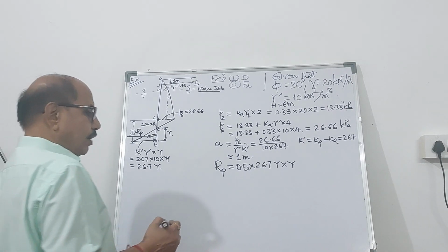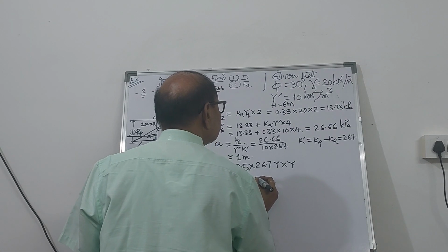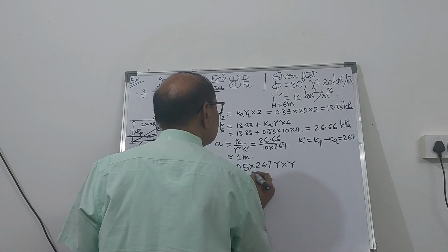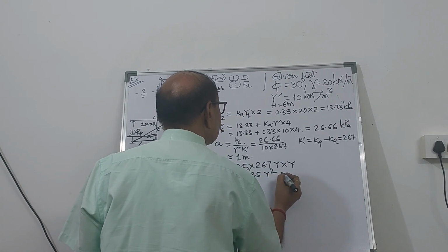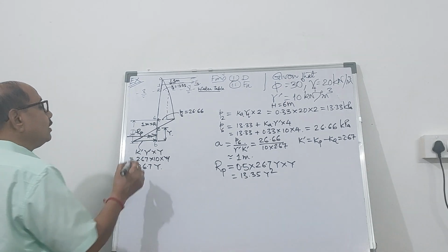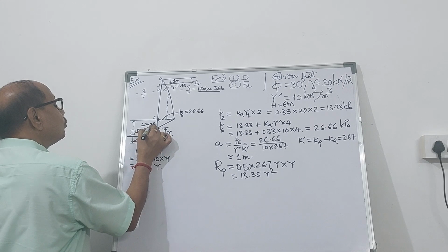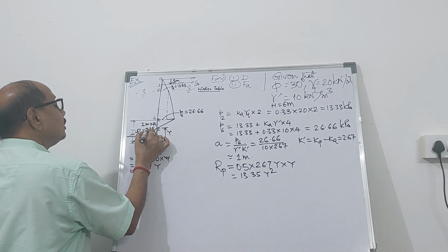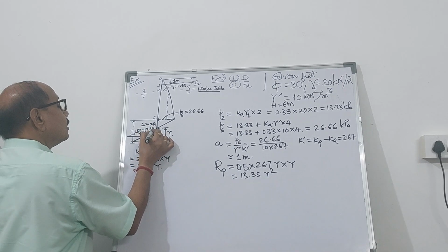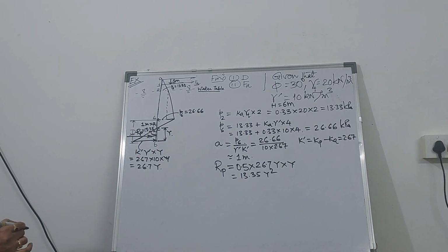This becomes half of this, 13.35 y square. So friends, Rp is 13.35 y square. So that is the value of Rp.